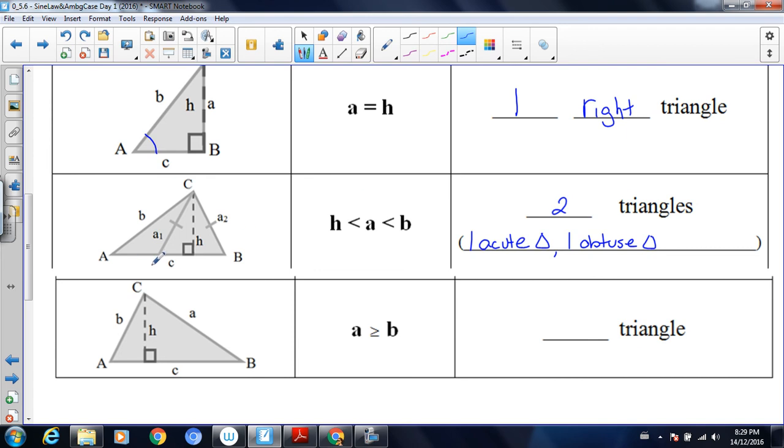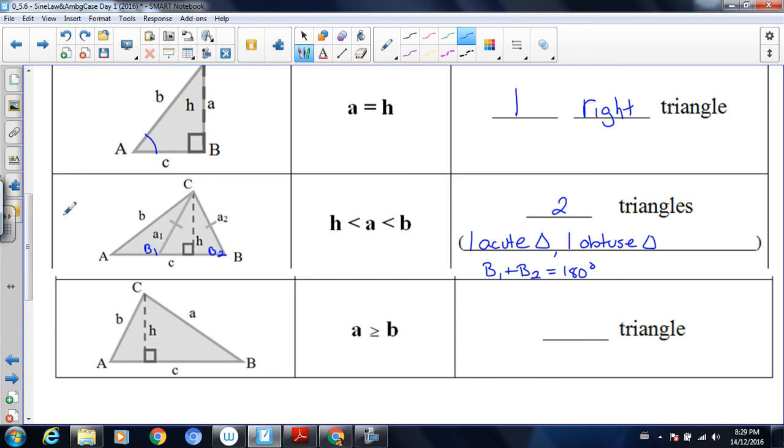And don't forget, this angle right here is your B1, and this angle right here is your B2. B1 plus B2 equals 180. So if you were given this angle, you can figure out this angle. If you're given this angle, you can figure out this.